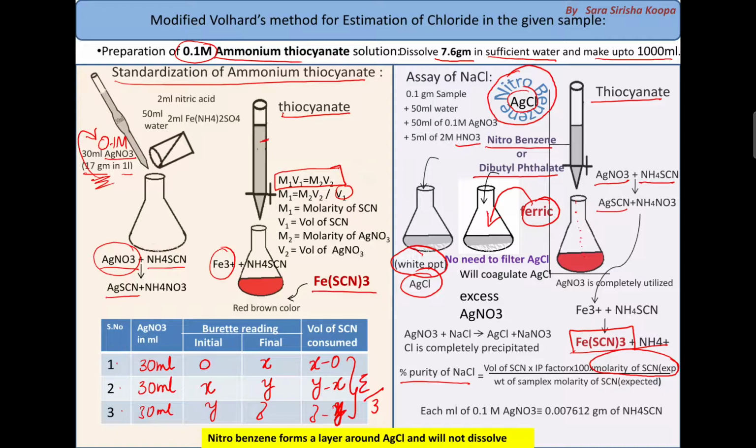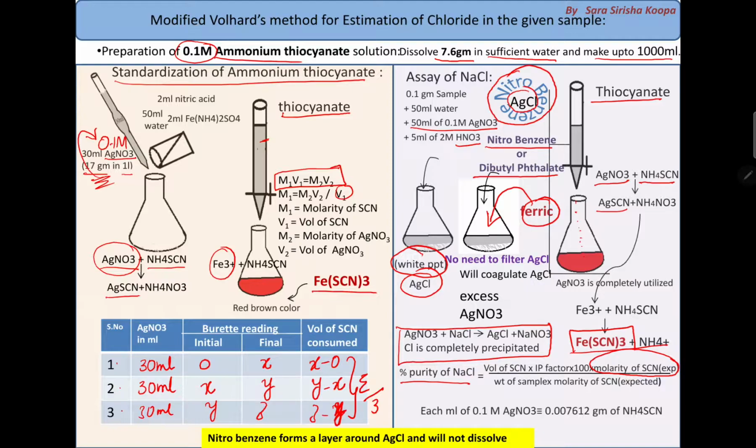Instead, we are adding nitrobenzene, which forms a layer around the silver chloride, which results in an indissoluble form of silver chloride. So these are the equations which you have to note down. Silver nitrate plus sodium chloride results in silver chloride plus NaNO3. All the chloride present in the sample will be utilized by silver nitrate, and the remaining is the excess, since we are taking excess of silver nitrate.